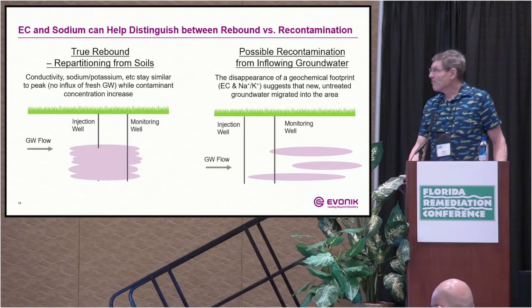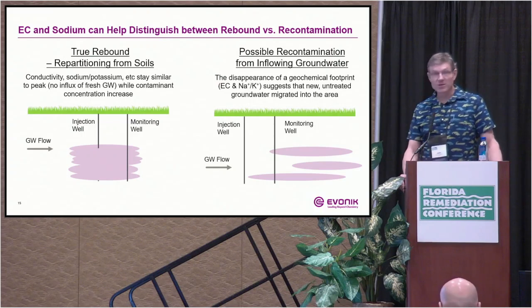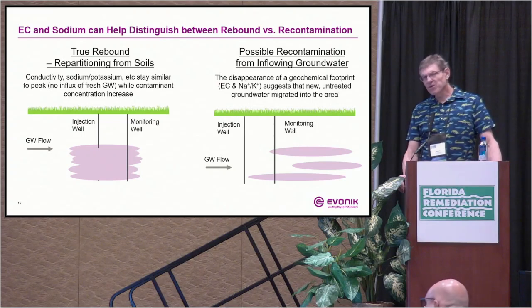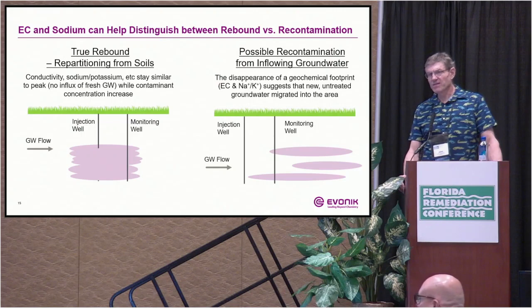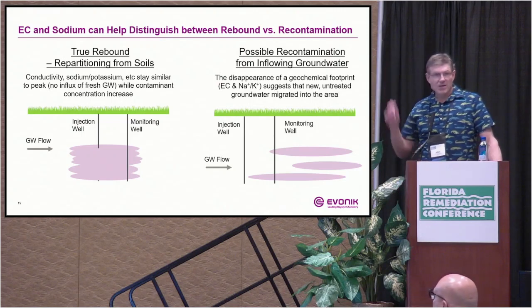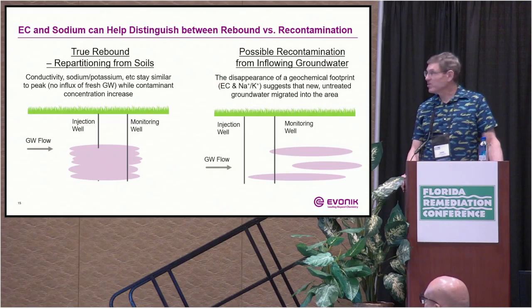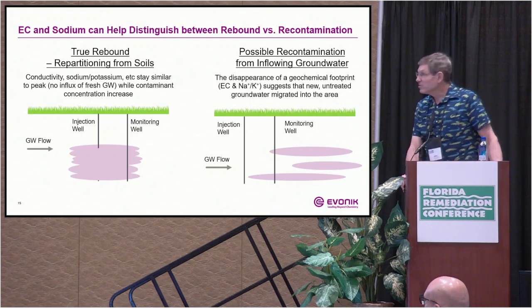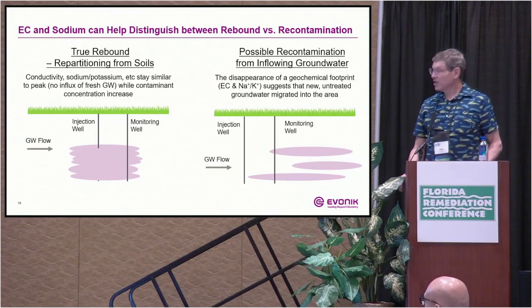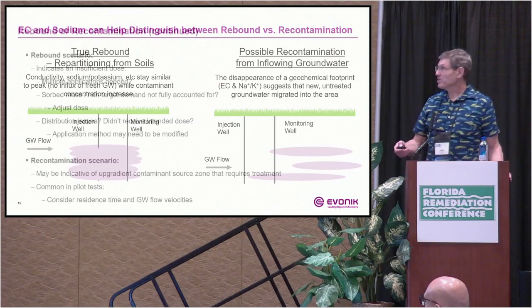And then if you have recontamination from inflowing groundwater, maybe your sodium and potassium aren't those thousands of milligrams per liter. They're much more like your background. You're like, well, okay, this is flowing into my target area. So that's a very different interpretation of the result.